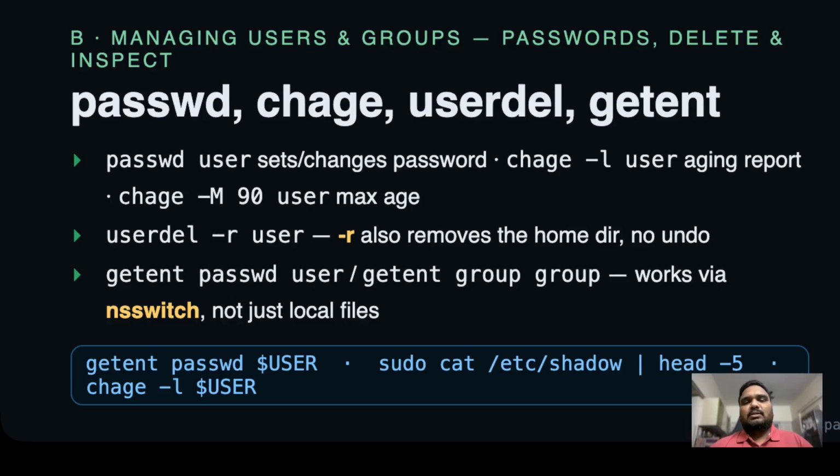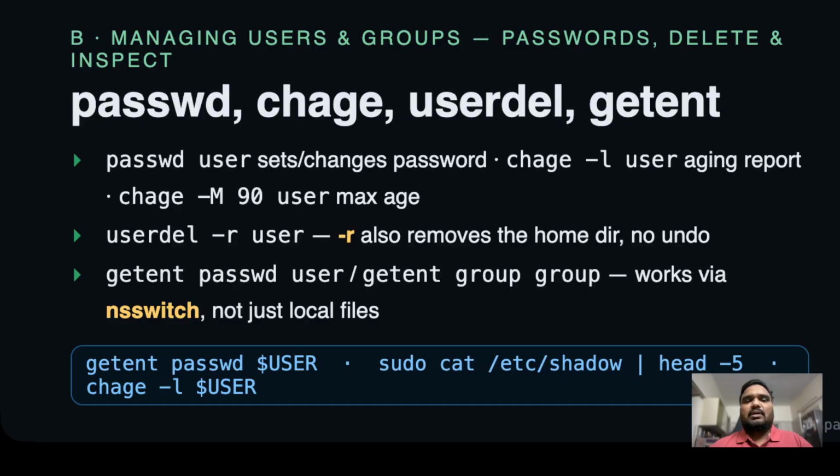passwd user sets or changes the user's password. Run by root, it can set anyone's. Run by a regular user on themselves, it prompts for the old one first. chage -l user shows you the aging report for an account: when the password was last changed and what the max age and warning period window are. chage -M 90 user sets that maximum password age to 90 days.